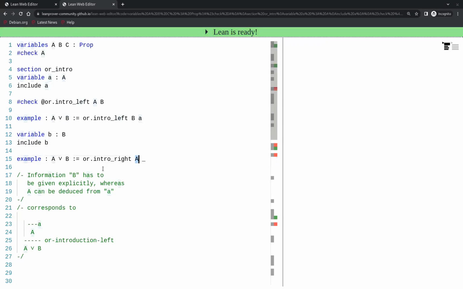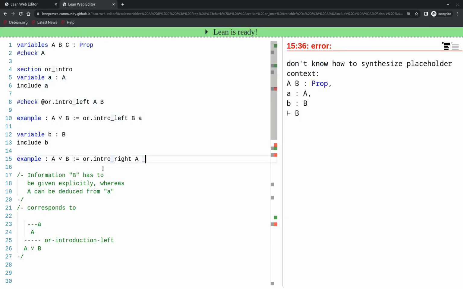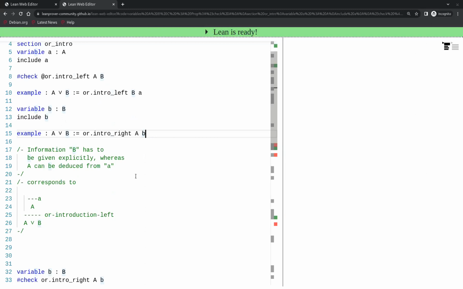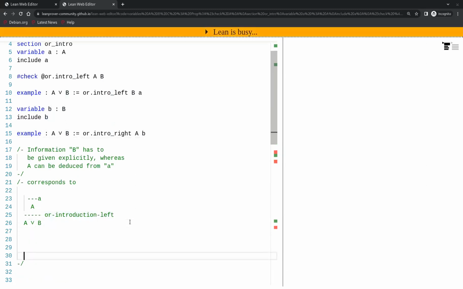The right introduction rule needs the A as an argument, and then our goal, instead of being A or B, becomes B. And here we can plug in the proof of B that we have assumed to have, and our goal is proved. This corresponds to the right introduction rule, which looks similar to this one, but instead of hypothesis A, we have hypothesis B.